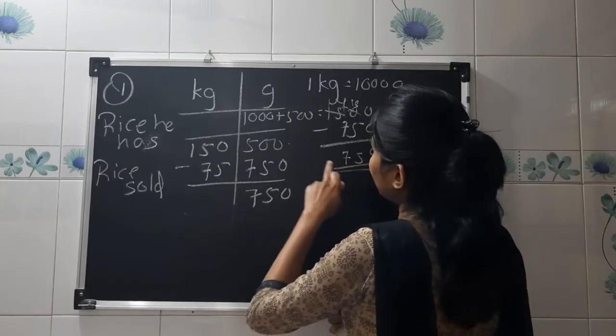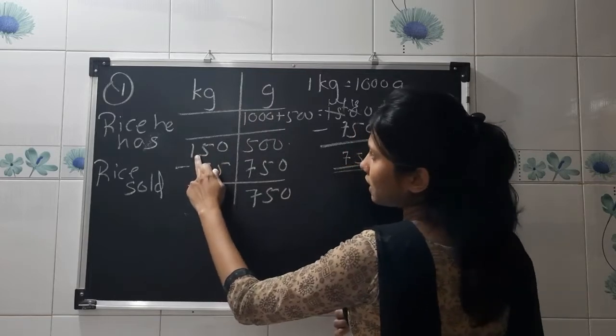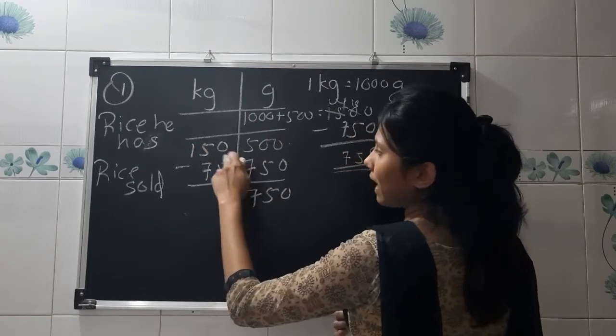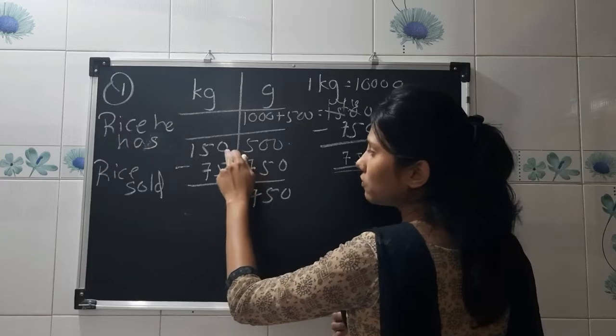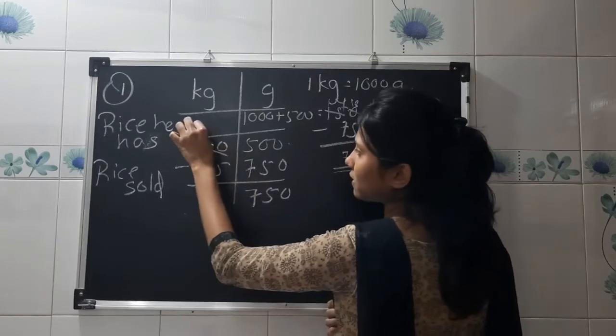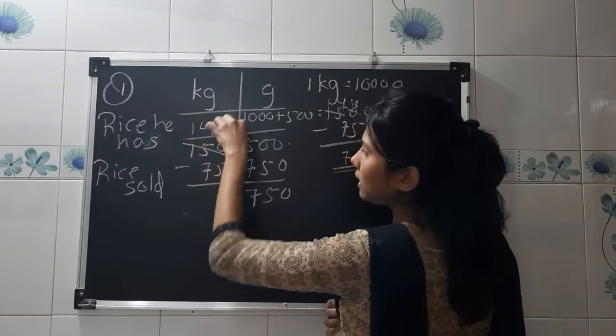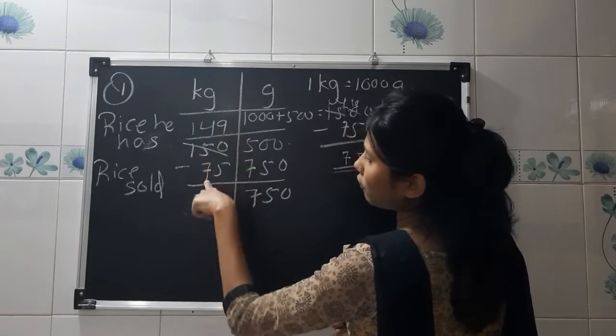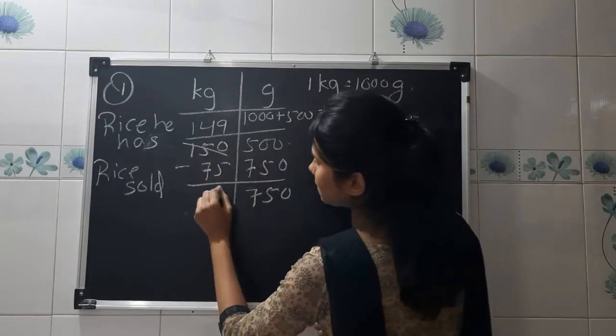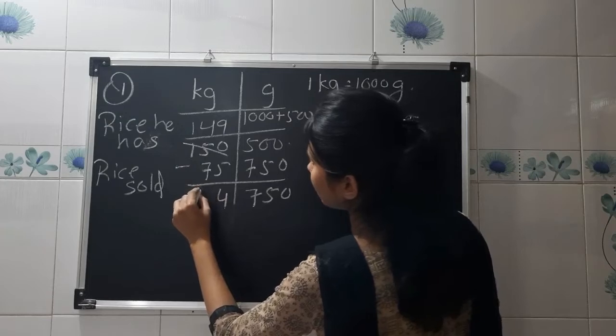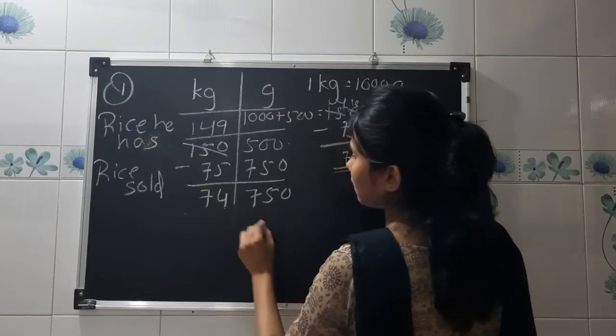Now, as we have taken 1 kg from here, we have to deduct that one from here. So 150 minus 1, 149. Now you have to subtract 75 from this. 74. Okay.